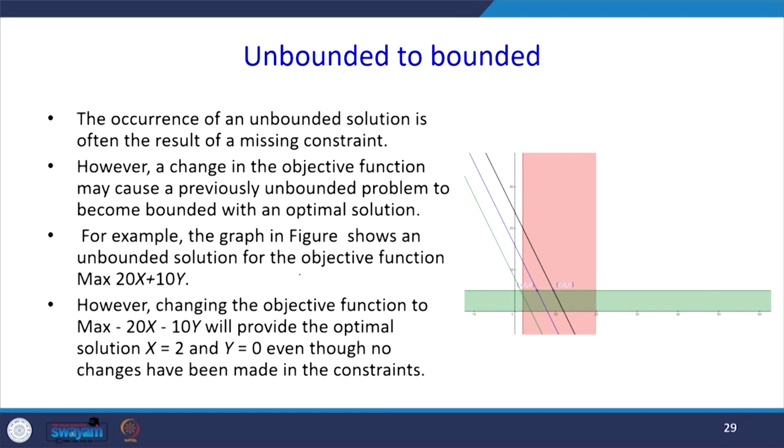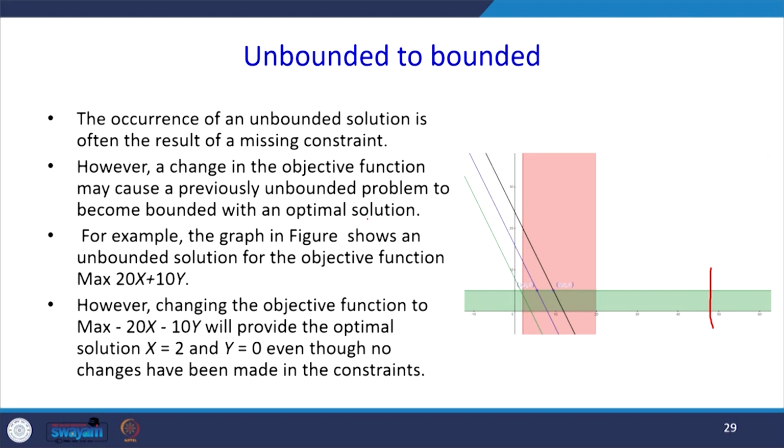How to make unbounded to bounded? The occurrence of an unbounded solution is often the result of a missing constraint, because there is no constraint here to make the boundary. However, a change in the objective function may cause a previously unbounded problem to become bounded with an optimal solution. You see, this problem which I have taken is maximization type. If you do some adjustment on our objective function, our unbounded problem may become a bounded problem.